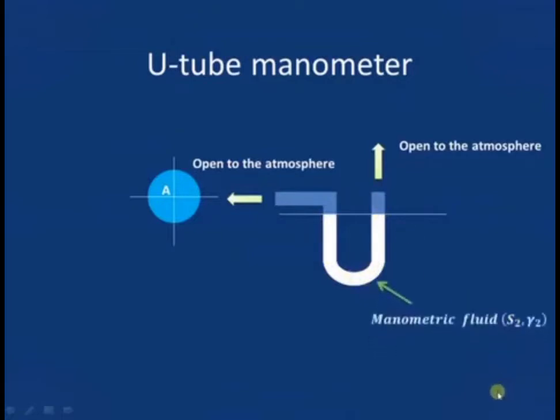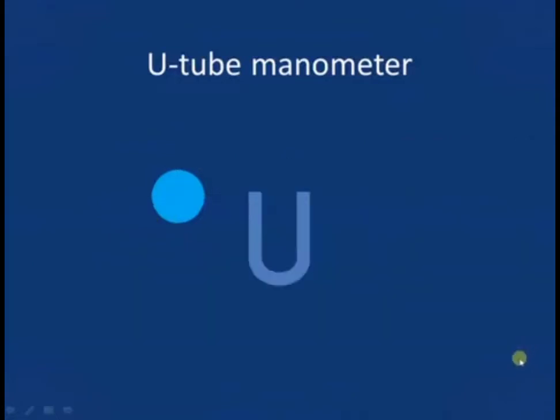Let us assume that the pipe carrying the fluid whose pressure we want to measure has specific gravity S1 and specific weight gamma 1. Similarly, the manometric fluid has specific gravity S2 and specific weight gamma 2.